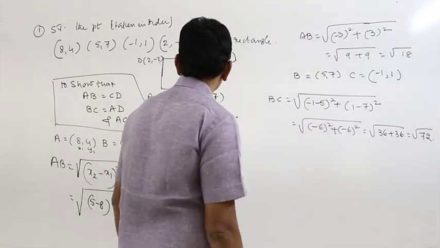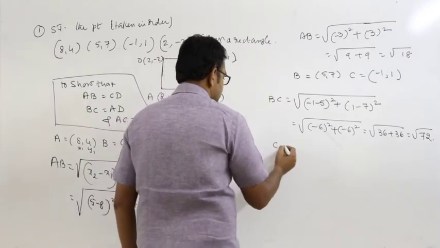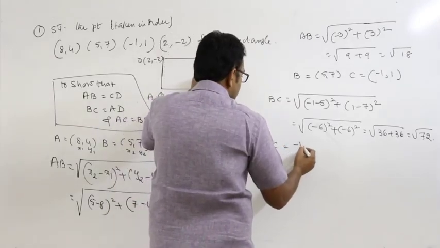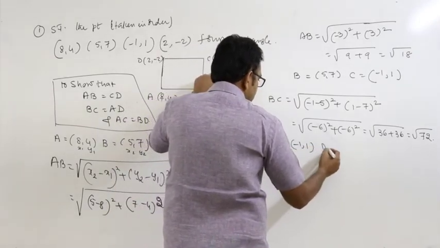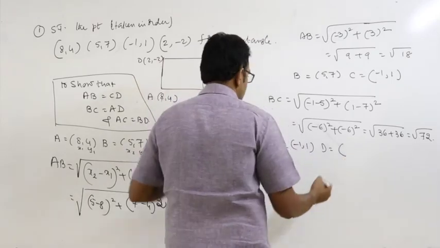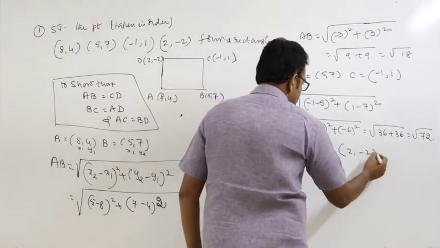Next, C is (−1, 1) and D coordinates (2, −2).